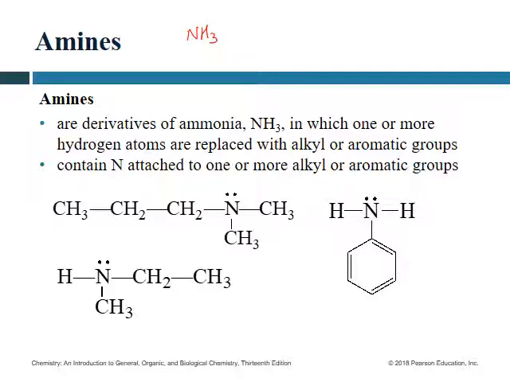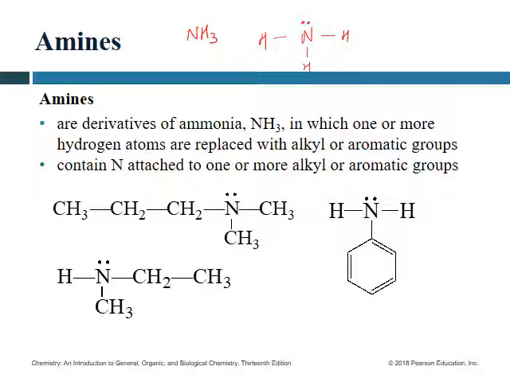And if you try to take derivatives out of it, if we try to write its Lewis structure, it would look something like this, where we have nitrogen bonded to 3 hydrogens, and nitrogen has a lone pair. Okay, so this is how ammonia looks. If you have covered acids and bases, you would see that ammonia can act as a base.